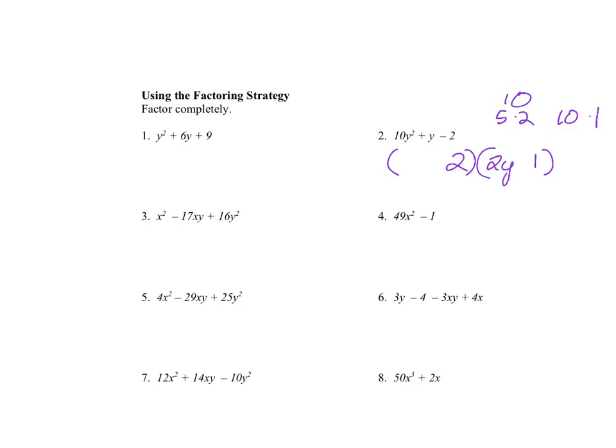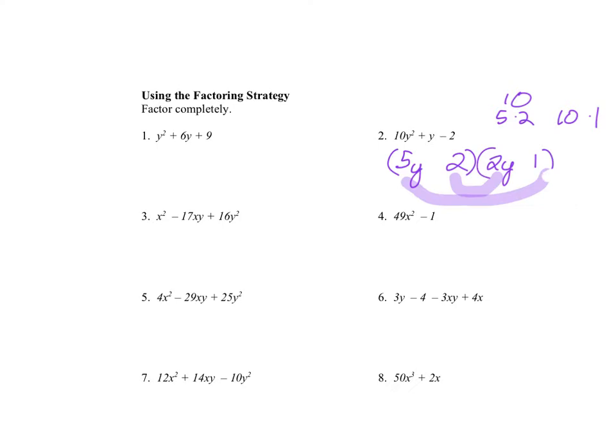So if I put a 2y here, I get 4y. And if I put a 5y here, I get 5y. 5y minus 4y is 1y. So that's going to be my answer.